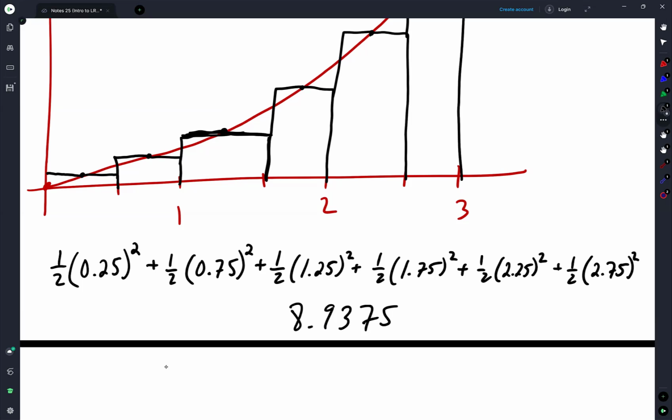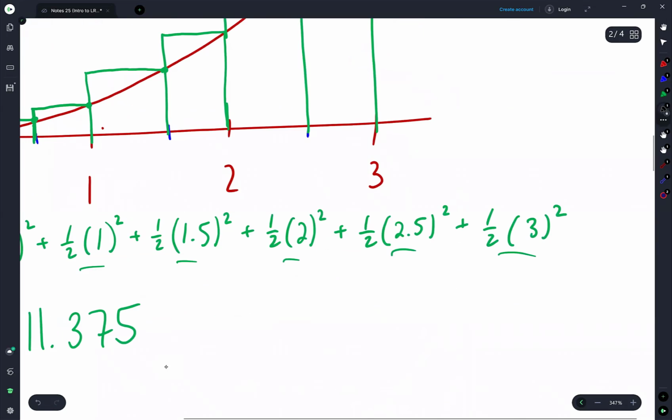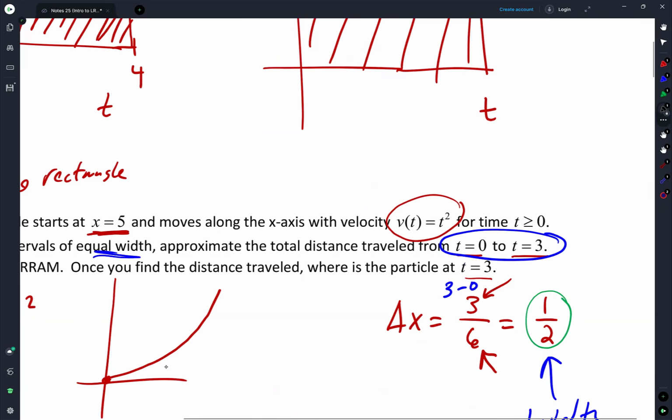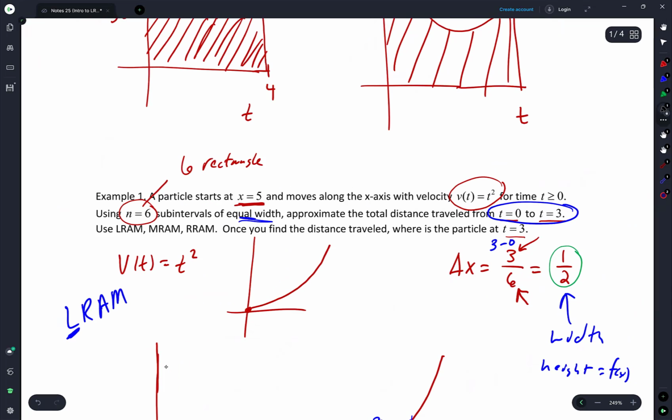All right, so let's answer some questions finally. So let's go back to question 1. I need to rewrite this question to make it better. I didn't write it as good as I could have. Use LRAM, MRAM, RRAM.